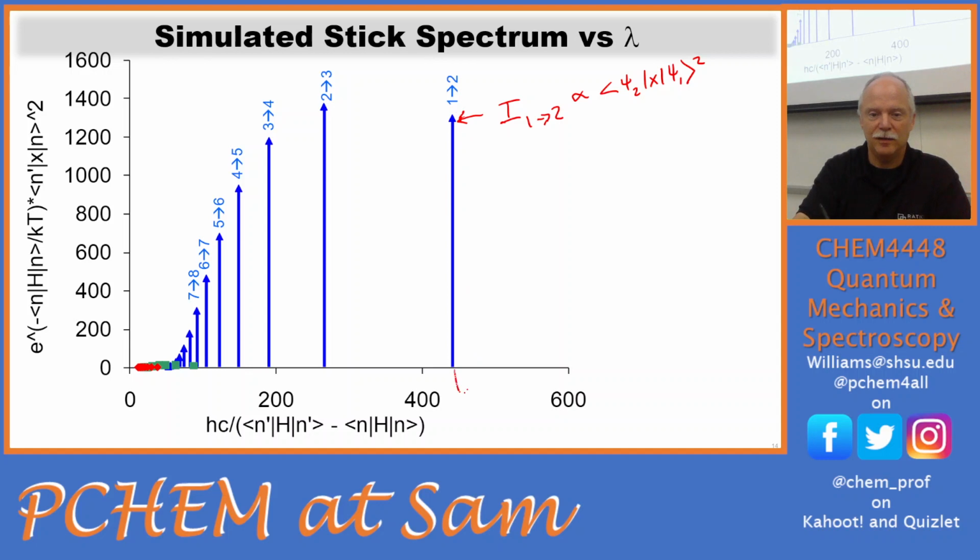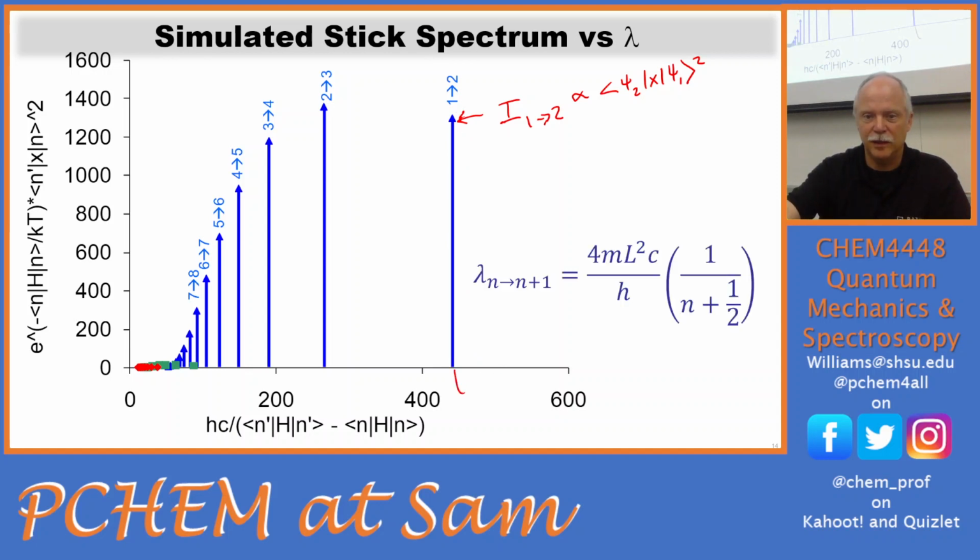And then down here, this is that transition wavelength equation where we put in 1 right here, and the mass of the electron and the length of the box and everything. This was 200, and this was the mass of the electron, 9.11 times 10 to the minus 31 kilograms. And the speed of light, 3 times 10 to the 8 meters per second, Planck's constant.